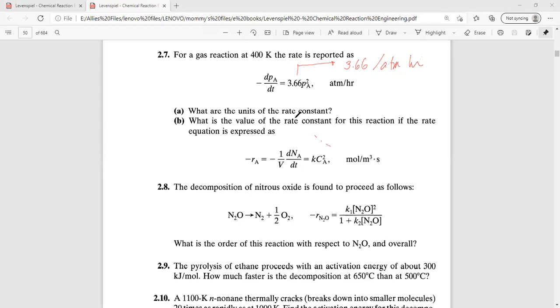Now, what is the value of the rate constant for this reaction if the rate expression is expressed in terms of this? Meaning, instead of having a unit of ATM per hour, now you should have a unit of mole per cubic meter per second. And your rate law will now be in terms of concentration, not in terms of partial pressure.